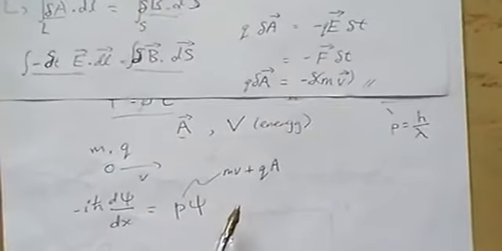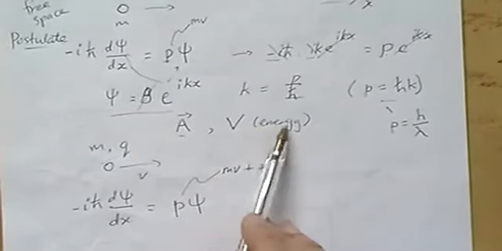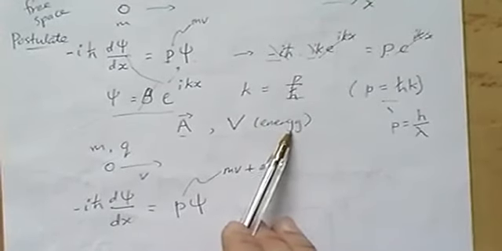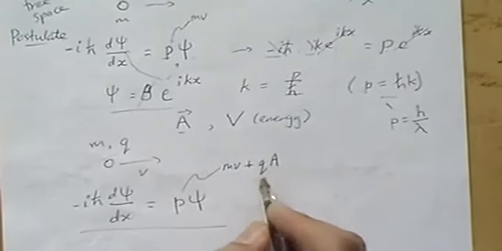So because of this connection, we need to add the field momentum to the particle's momentum in the same way as we would add the electric potential energy to the kinetic energy term in the Schrodinger's equation. That, in effect, is how the Schrodinger's equation for the momentum needs to be modified by adding that term.